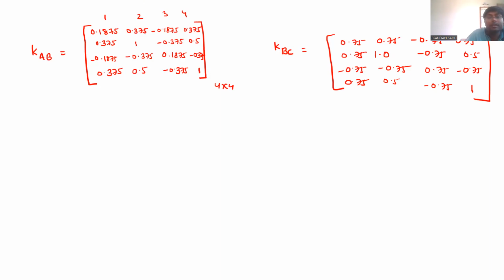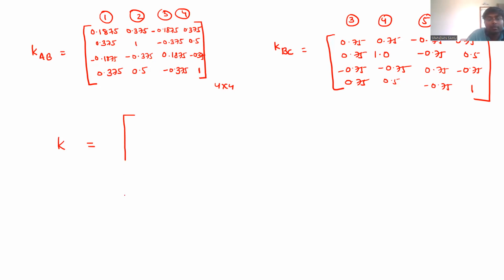Now these are associated to coordinate 1, 2, 3, and 4. And these are associated to coordinate 3, 4, 5, and 6. Now you have to club them to get the global matrix.